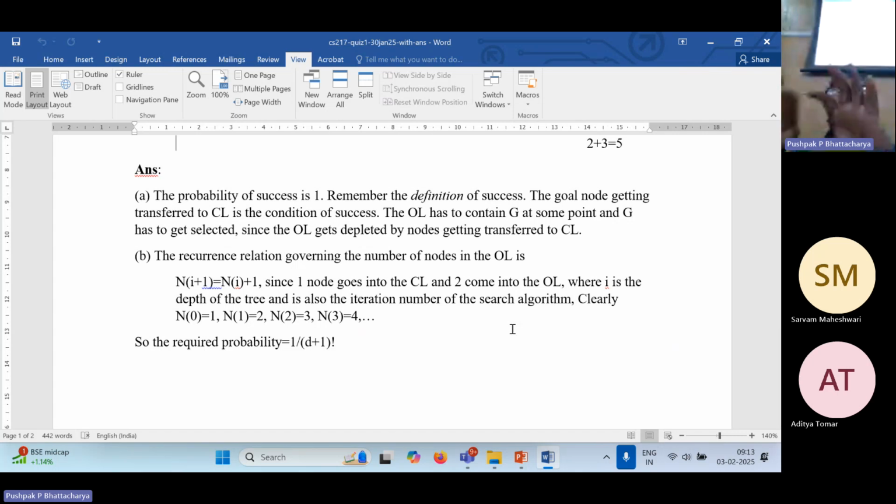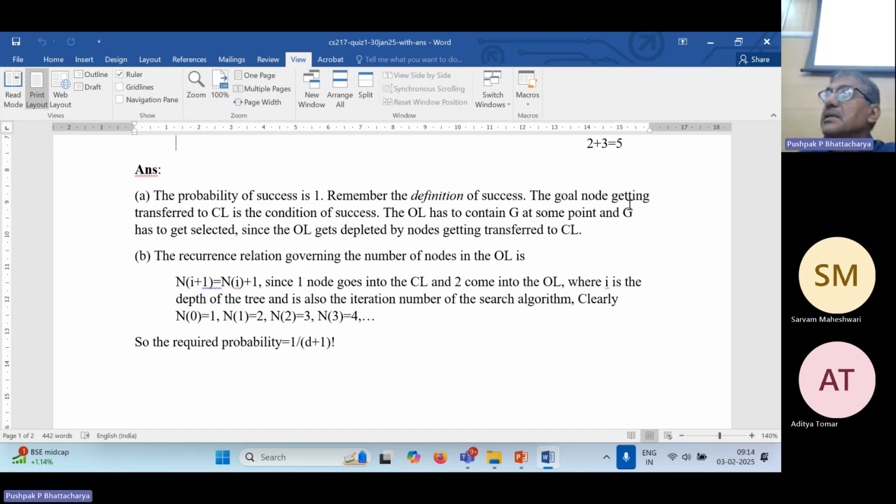Even though you are randomly picking up nodes from the open list with uniform probability, you have to remember the definition of success. The definition of success is that the goal node is picked up and transferred to the closed list. The definition of failure is the open list is empty and the goal node has not been transferred.